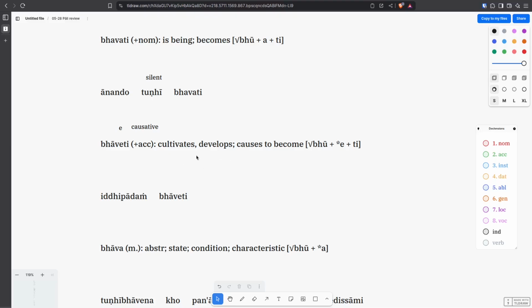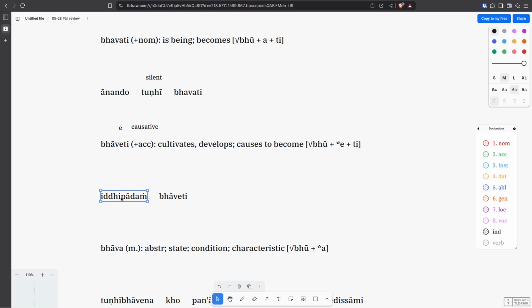And so meditation is expressed with bhaveti. You're causing something to happen. So for example, iddhipadang bhaveti. He develops, cultivates, he causes to become.